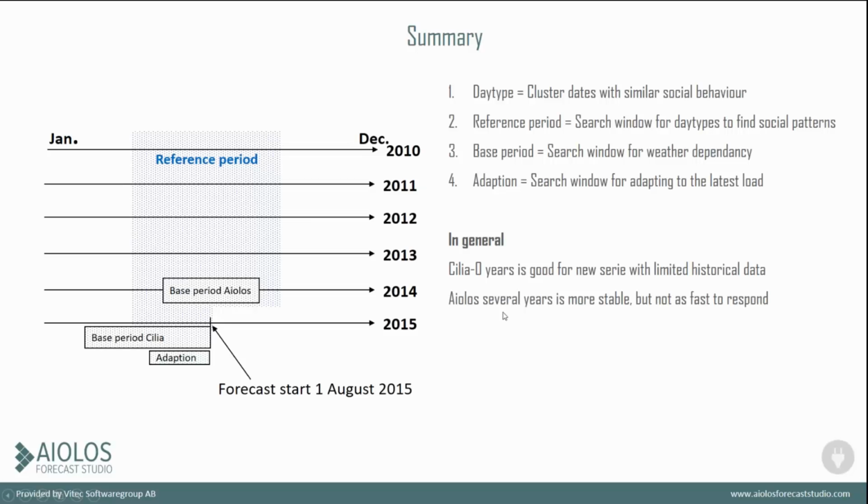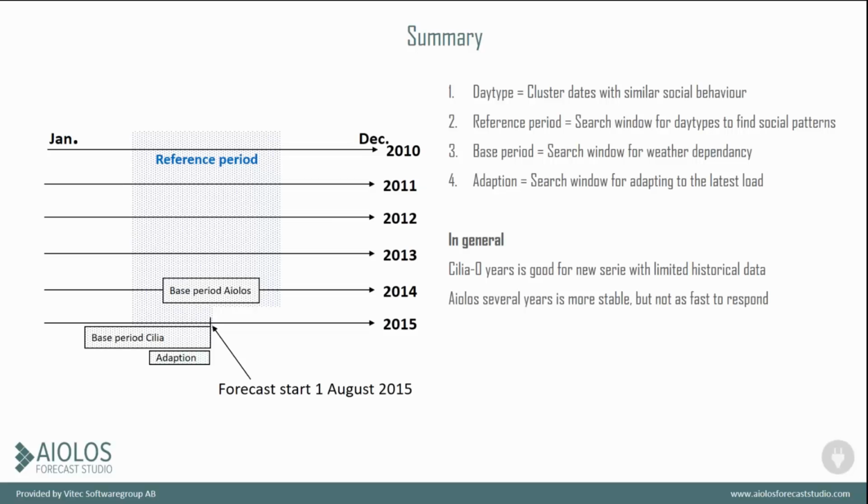So in general, this would mean that the Celia, with 0 years, meaning that you're looking only here backwards, so you're looking straight after the forecast in the same year, is good for new series that have very little historical data.